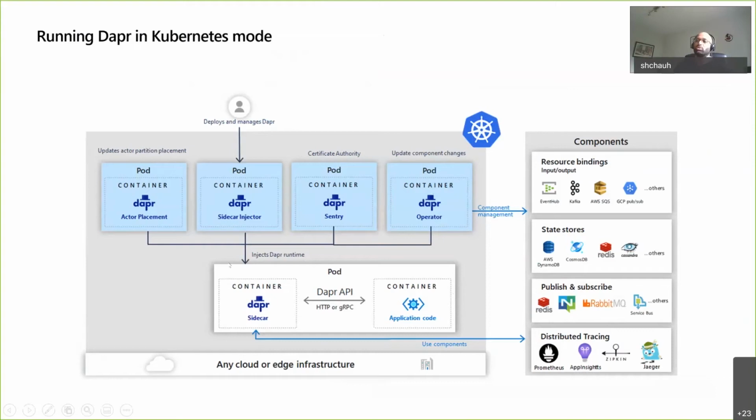Whenever I do a deployment, just by putting some annotations in my deployment, I can make this service Dapr enabled. Then the services running in the Kubernetes environment can use any component. This can run in AKS, on AWS, or on GCP.